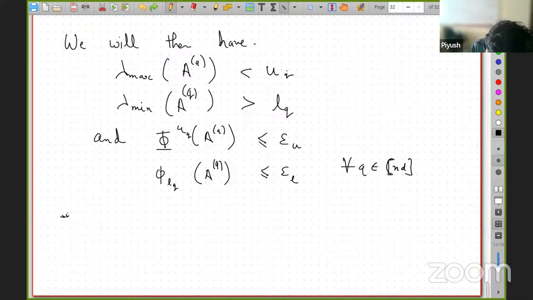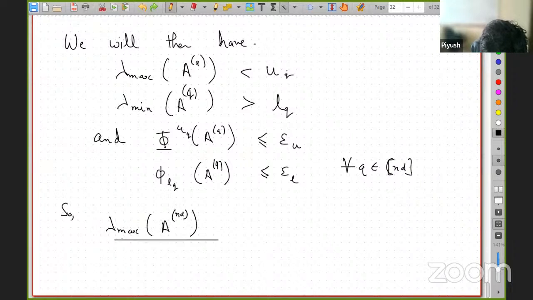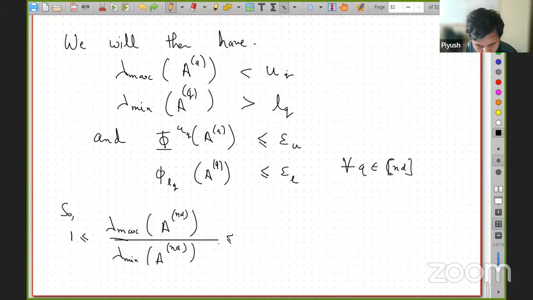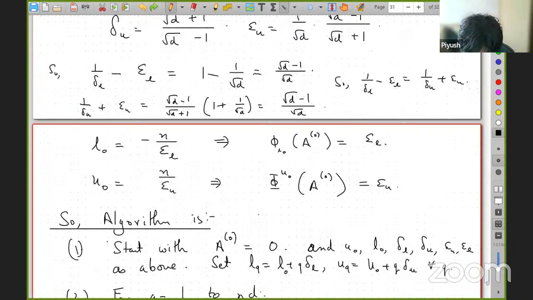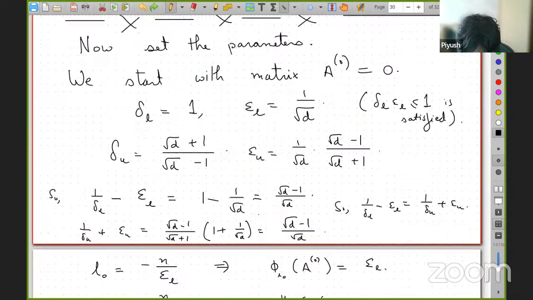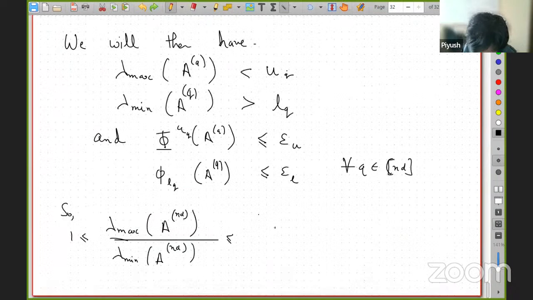And so lambda max of A and D over lambda min of A and D, minus 1, is less than... So what is it? It is like this, right?